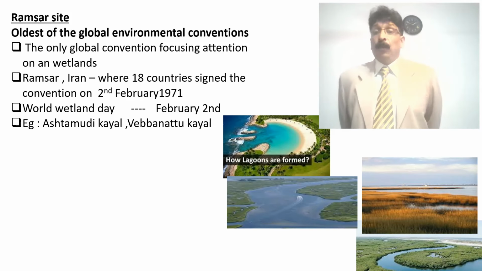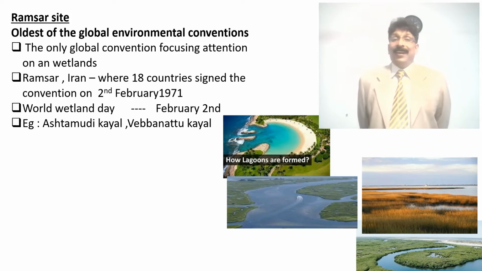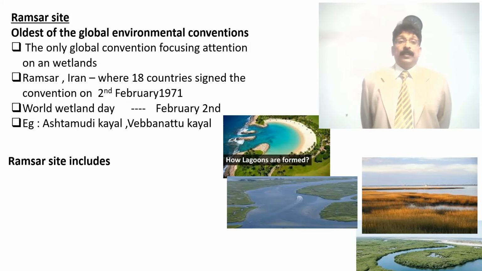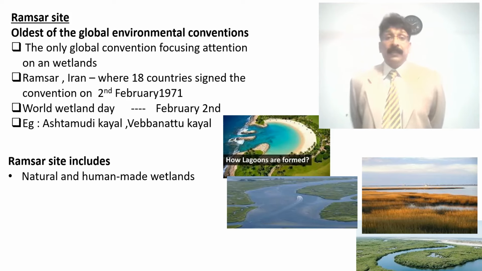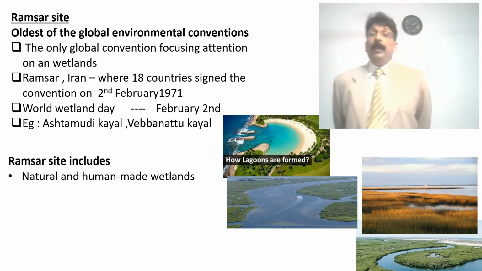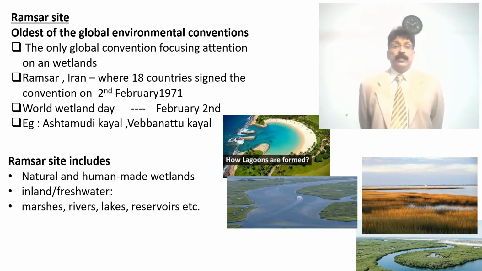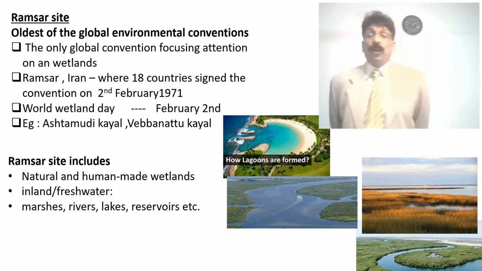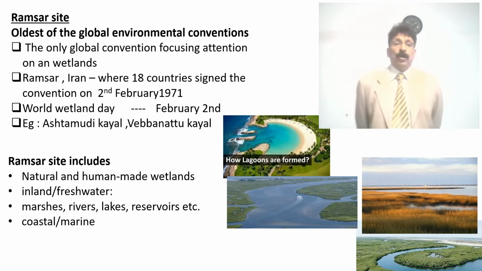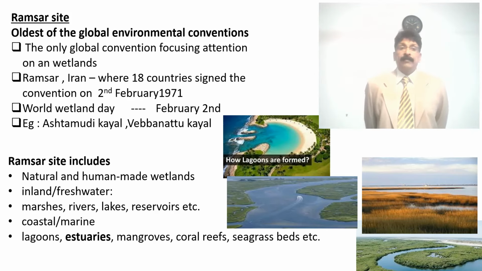very precious natural resources. Ramsar sites include natural and human-made wetlands: inland freshwater marshes, rivers, lakes, reservoirs, etc., coastal marine lagoons.